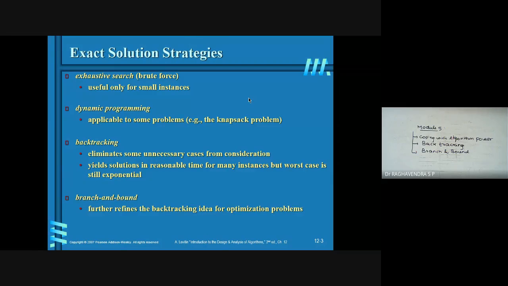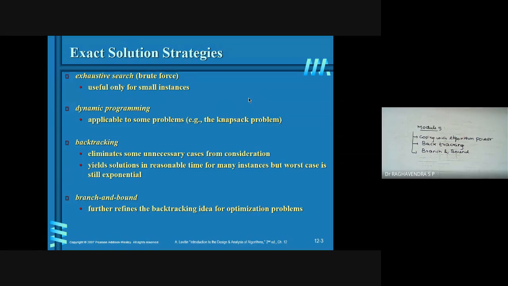Backtracking, as the name suggests: you have to create a state space tree, starting from the root node. Then you grow the tree towards the leaf nodes. Whenever you find that a solution is not at all possible, you come back to the previous node.